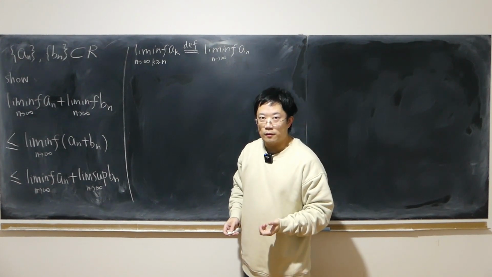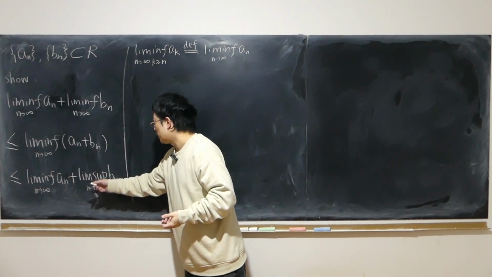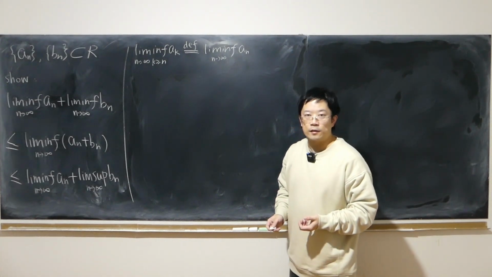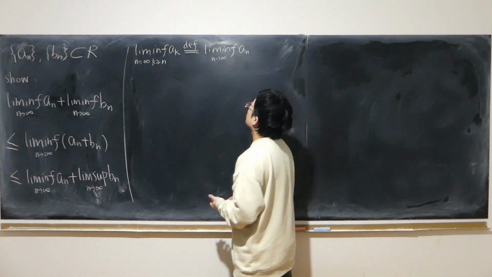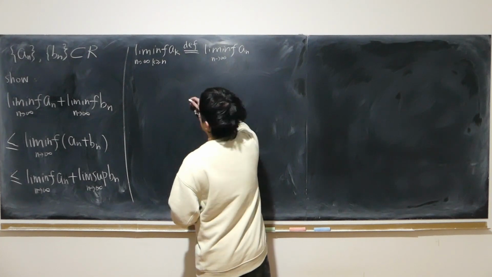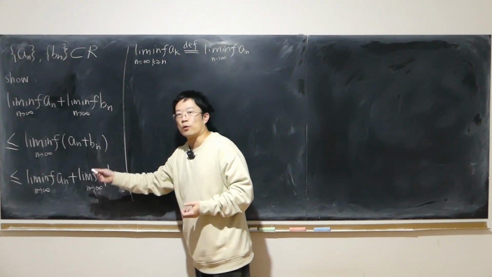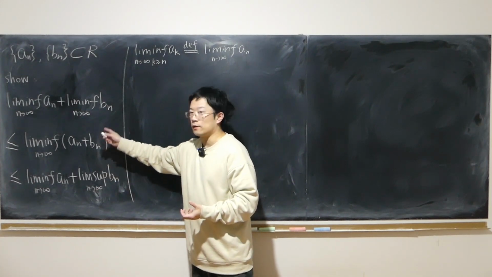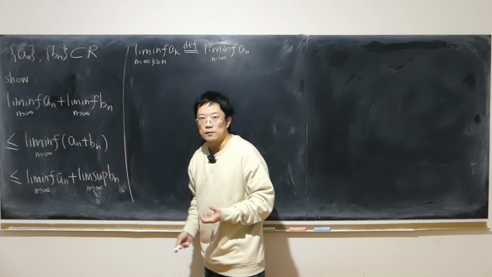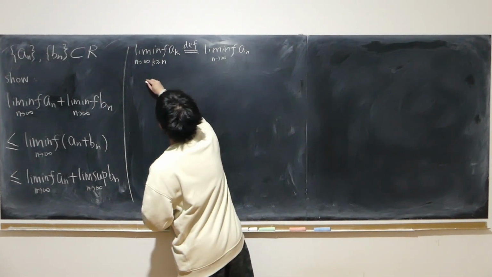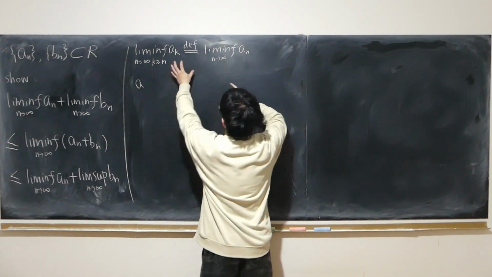But there is another method of proving the harder part, that is the right-hand side. A different method, just as technical as the previous one, if not more technical. Here we're going to take advantage of the left-hand side. Suppose we already proved the left-hand side, the easy part, and we're going to prove the right-hand side now. So I'm going to still use this definition.